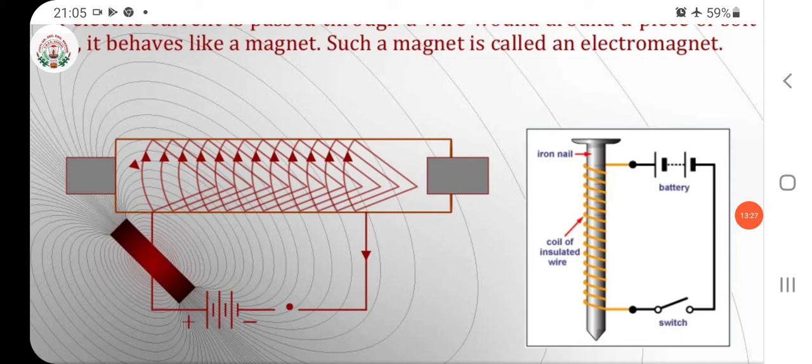If you wind copper wire over an iron nail and pass electricity through it, it will behave like a magnet. Okay, that is an example of an electromagnet.